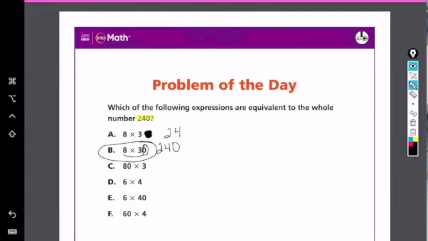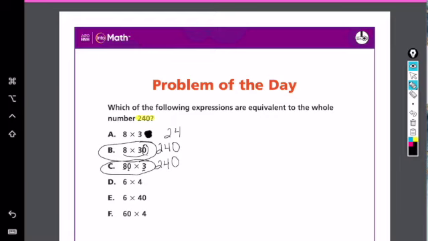How about this one? 80 times 3. Well, I know that 8 times 3 is equal to 24, but I have that 0 there, so I'm going to add that to it. Does 80 times 3 equal 240? It absolutely does. All right, 6 times 4.